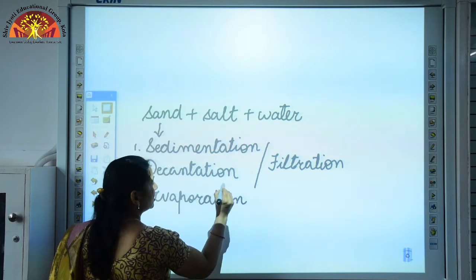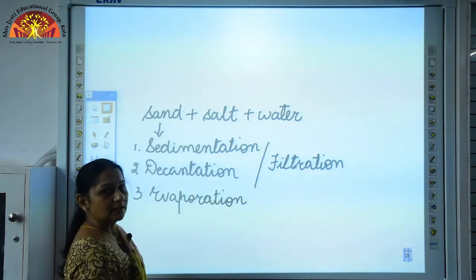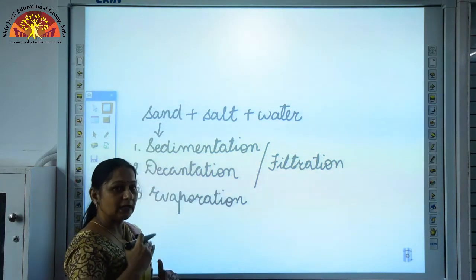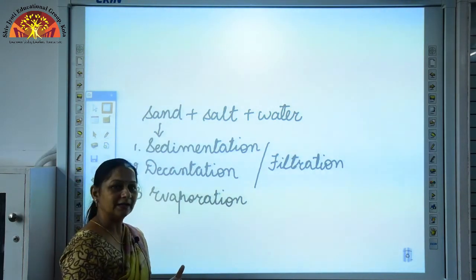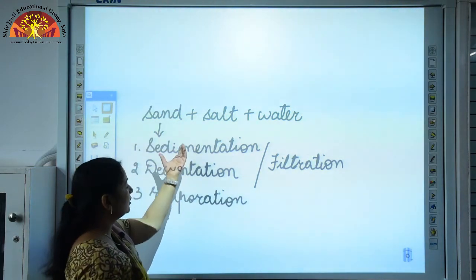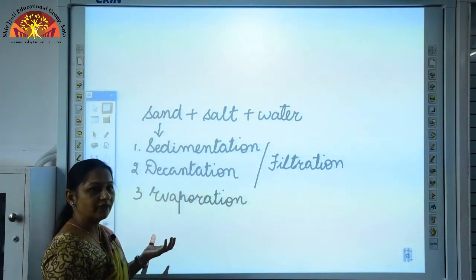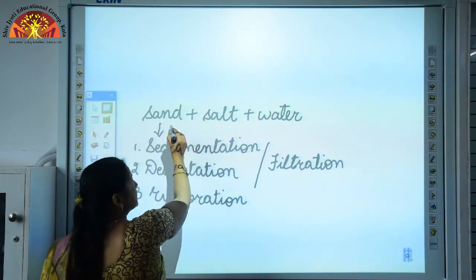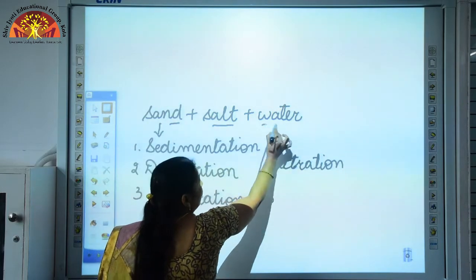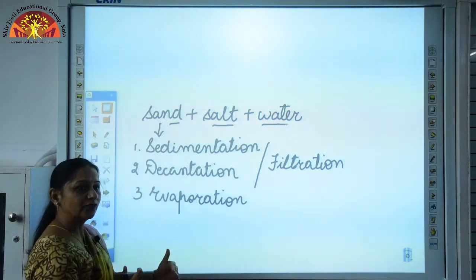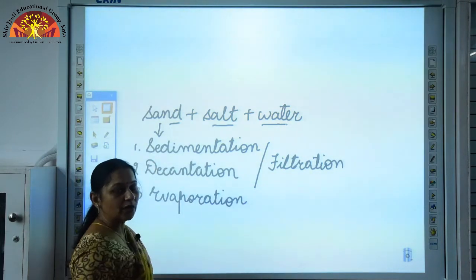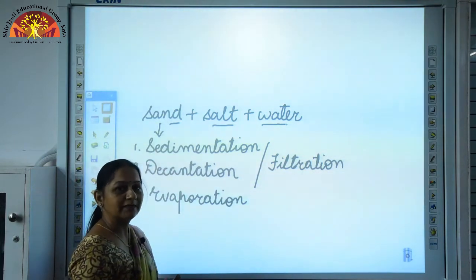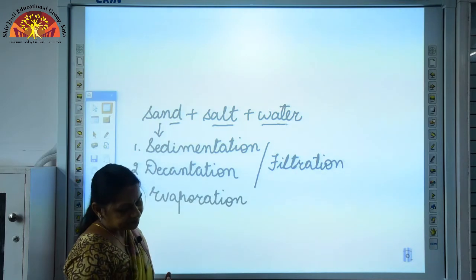When this solution is kept in the sun, the water will evaporate due to the heat of the sun, and what will be left behind? Salt. So by following these three processes, what have we done? We have separated sand, salt and water into three different categories. So this is an example where we are using more than one method of separation.